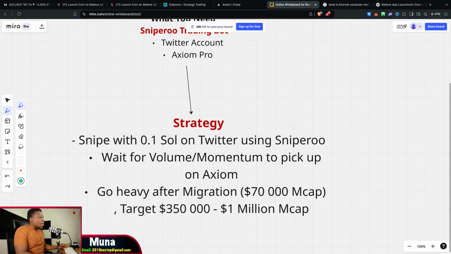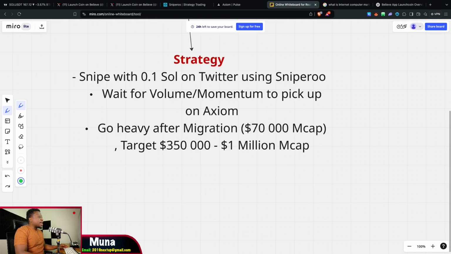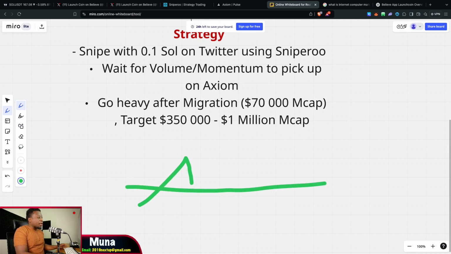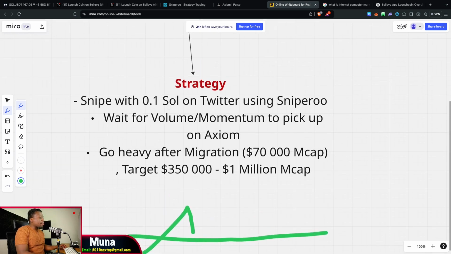And then once you see that it is migrating, and it has migrated, depending on the type of momentum which it is going to have, you are going to be able to buy the pullback after that graduation. Once the pullback comes through, now you're going to go heavy. Remember, at first you entered with 0.1, so now you've got about 0.9 approximately.